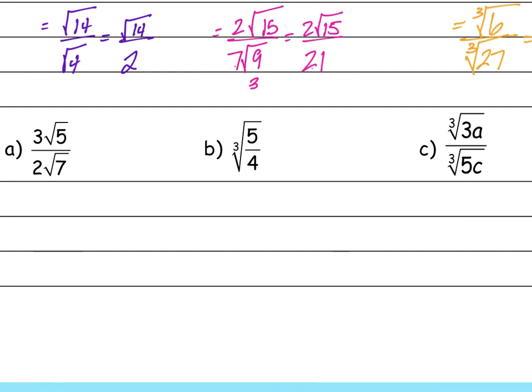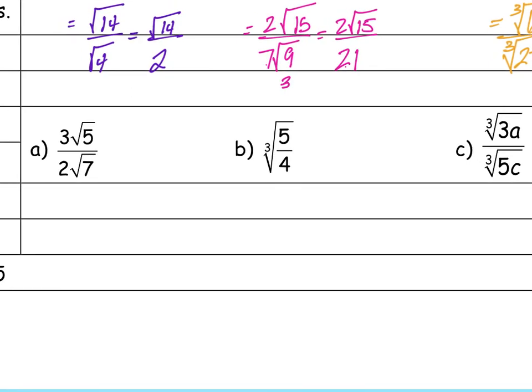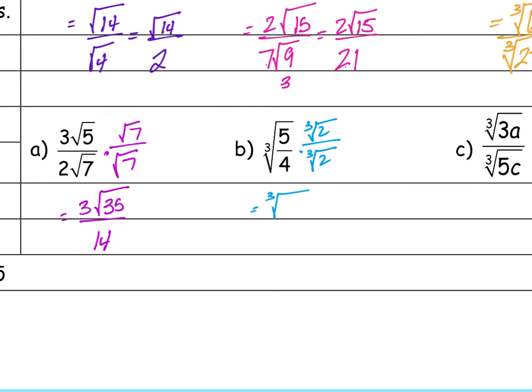On the first one, I'm going to multiply by square root of 7 over square root of 7. So I should get 3 square root of 35 over 14. Okay? Nice. And then on the second one, I'm going to multiply by the cubed root of 2 over the cubed root of 2. So I should get the cubed root of 10 divided by 2.